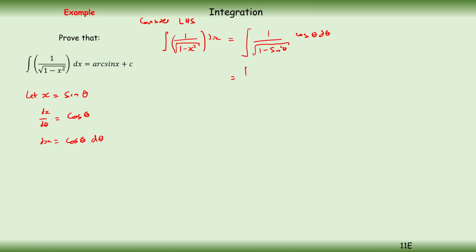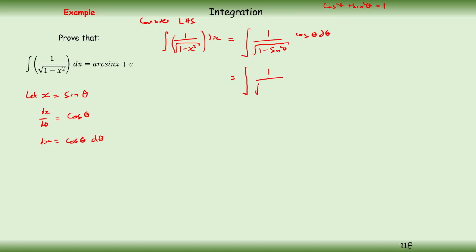That's because when we look at this, 1 over the square root of 1 minus sine squared theta is equal to the square root of cos squared theta, because we know cos squared theta plus sine squared theta is equal to 1.